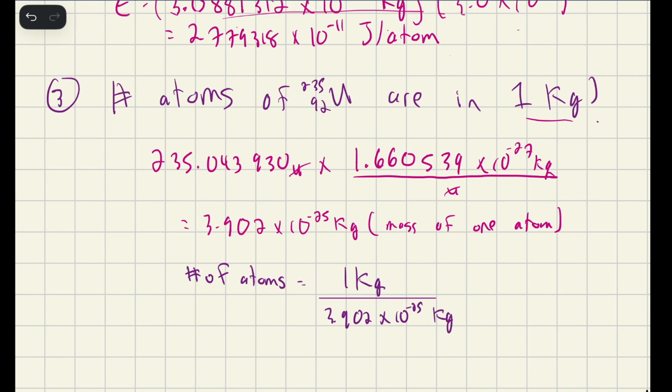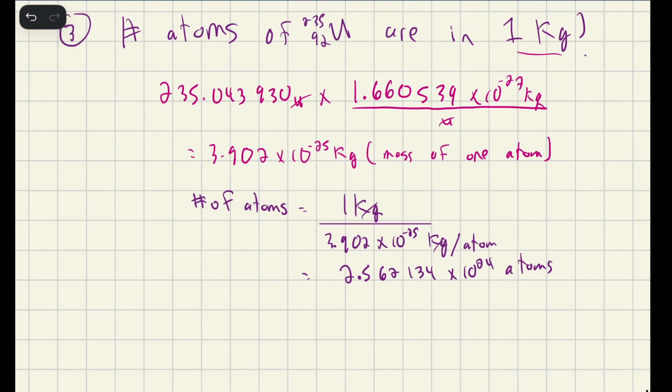How many of those 3.902 times 10 to the negative 25 kilograms can fit into 1 kilogram? That'll tell us the number of atoms, this being the mass per atom. When we plug it into our calculator, that gives us about 2.562134 times 10 to the 24 atoms.